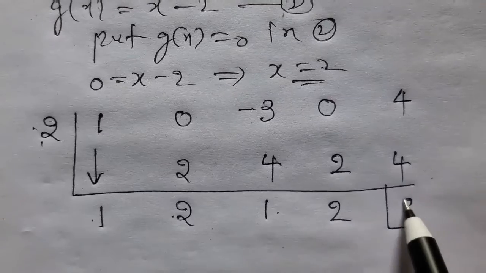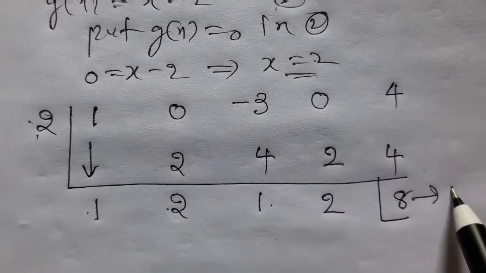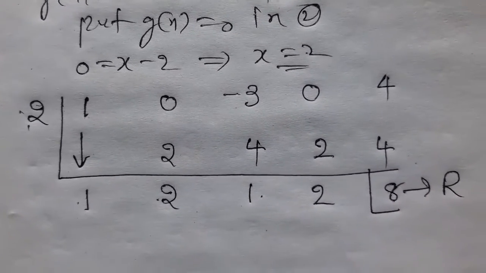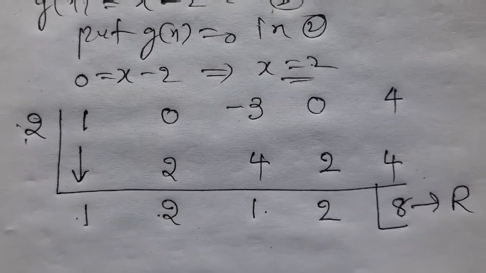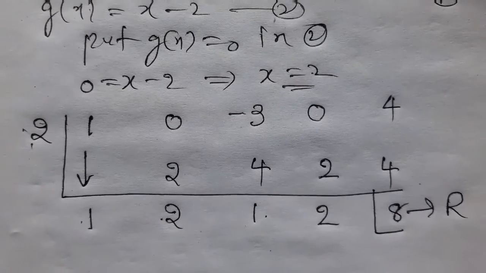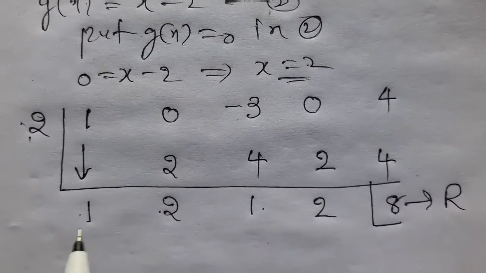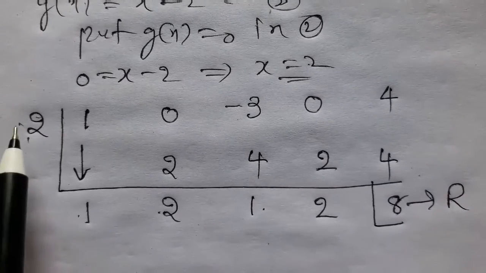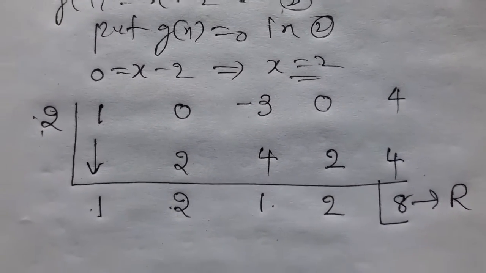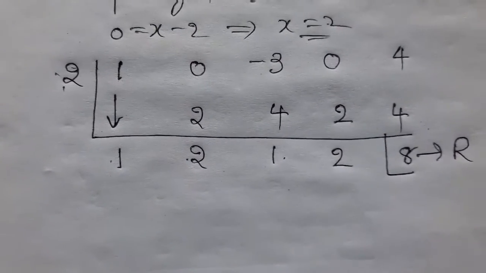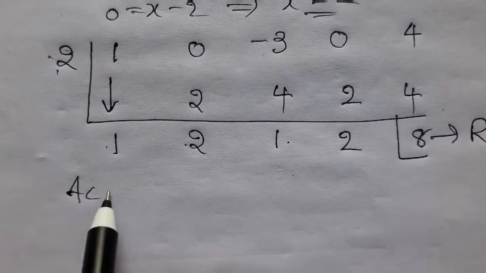Add these two. 8. What is this? This is the remainder. Understand all of you? This is the remainder we got by using synthetic division method. This is the coefficients and this is the divisor. By using actual division method we can also find it.